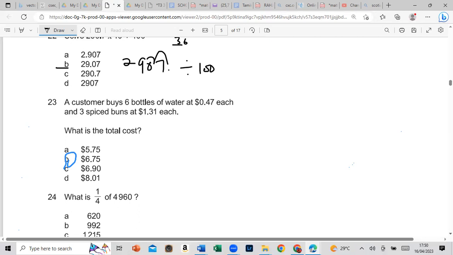So when we're multiplying, we move it to the right, and when we're dividing, we move it to the left. Okay, all right.